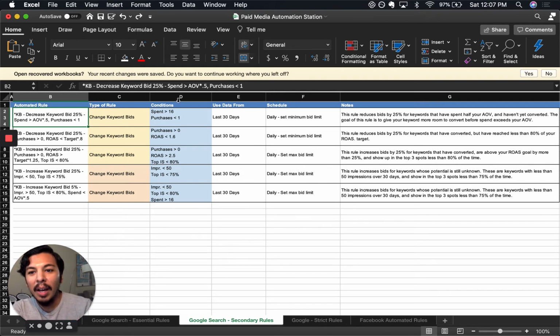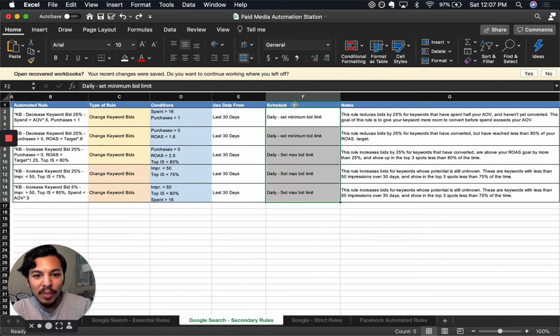So it's important to keep in mind minimum bids and maximum bid limits across all these, just to make sure that you don't have a keyword, especially on the increase side, that's being lifted into the stratosphere and one day it has like a $200 bid. We wouldn't want that.